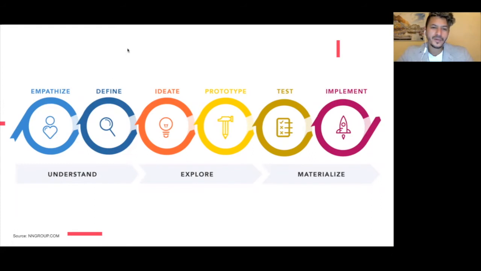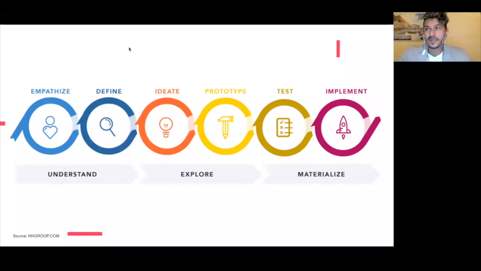Okay. The second one is define. So define is framing the problem, identifying the right problem for that specific customer. The third one is ideate, which is all about coming up with ideas, solutions to solve that problem.